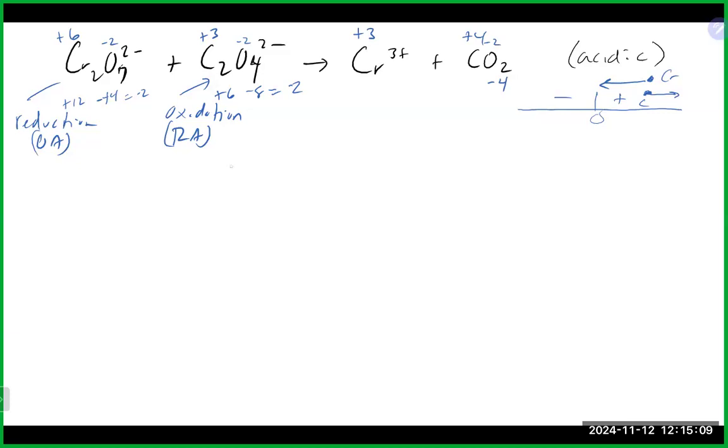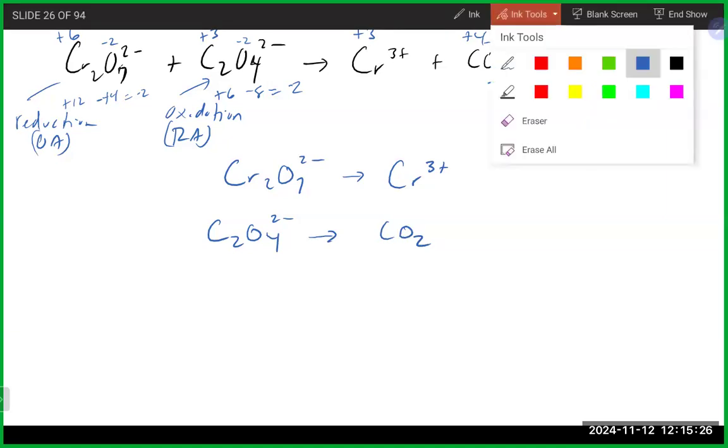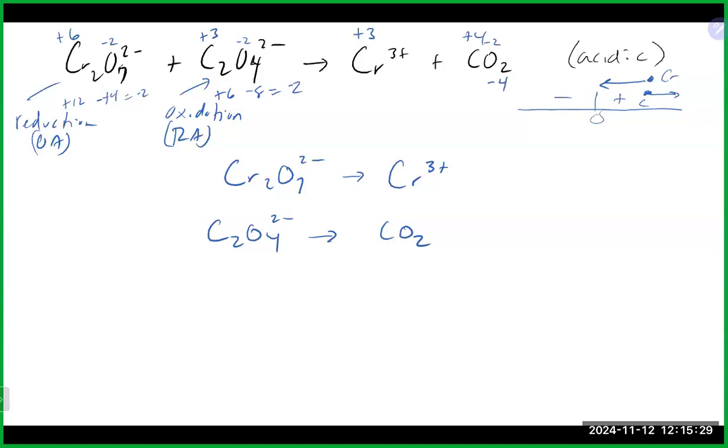All right, ready to balance here. So chromiums with chromiums here, so this and this. And then carbon with carbon here. All right, so we're going to balance everybody other than oxygen and hydrogen.